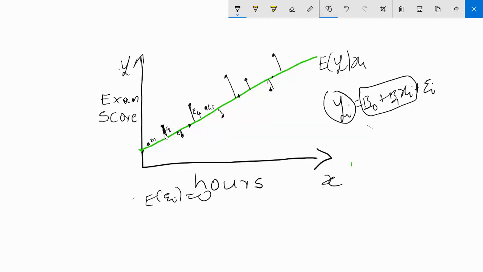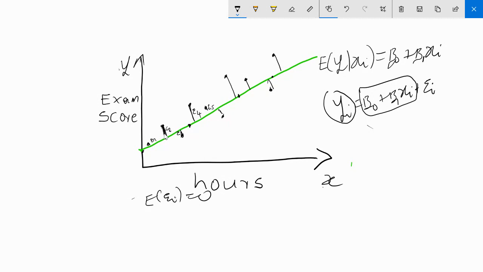So we can calculate the expected values. When you calculate the expected values, the chances are that not all will be equal to the actual values. That's why we're having these errors.